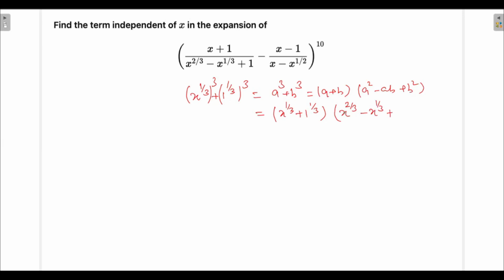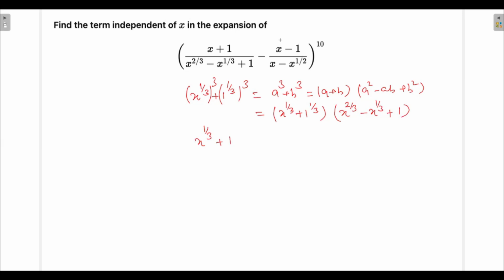Then b square, which is 1 itself, 1 raised to the power 1 by 3, raised to the power 2, so this will become 1 itself. So as you can see, this numerator could be written like this, and this thing will get cancelled. So the first part is as simple as this: x raised to the power 1 by 3 plus 1 raised to the power 1 by 3, or I could write it as 1.